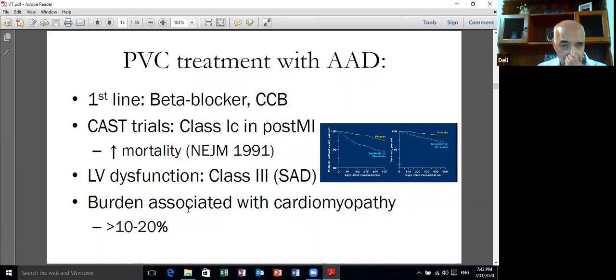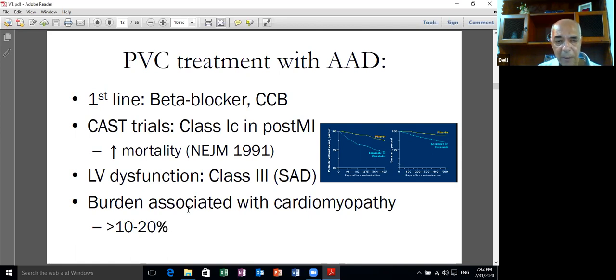You have to be aware that sometimes the burden associated with too many PVCs, particularly if they exceed 10 to 20% of the total beats per 24 hours, can produce a PVC or tachycardia-induced cardiomyopathy. Why is that?